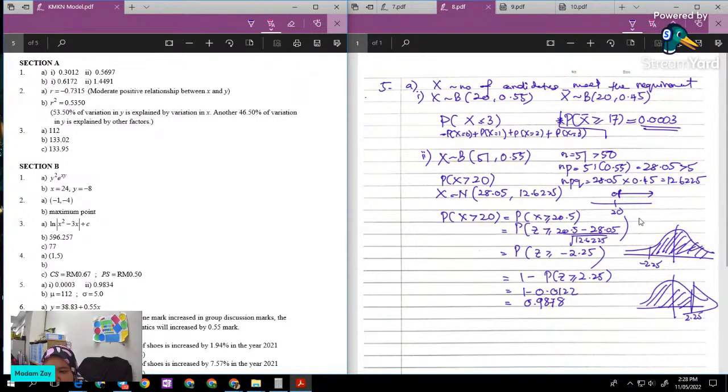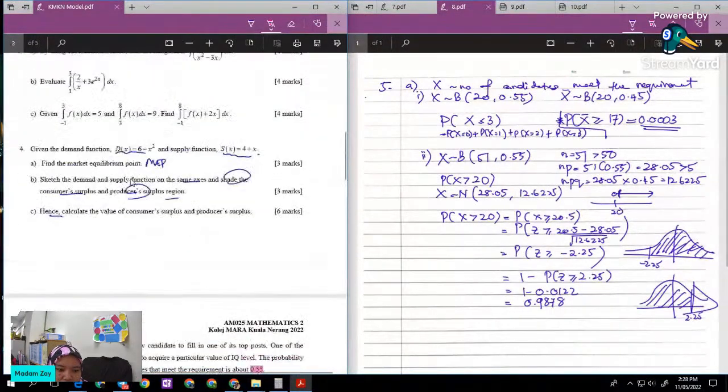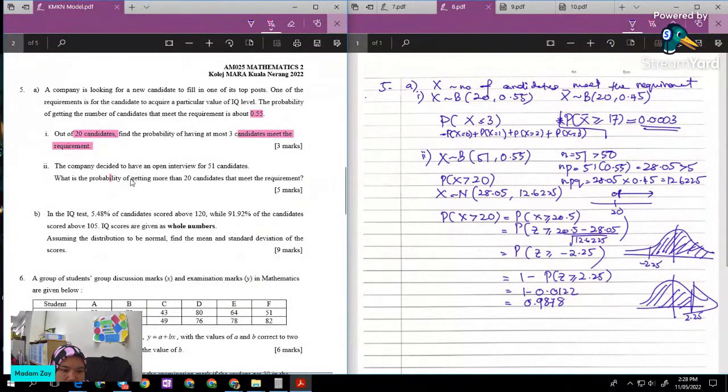Betul kan kita ambil daripada 20.5 sebab more than. Ya. Oh, 28.05. Kat sini saya buatlah. Betul-betul.